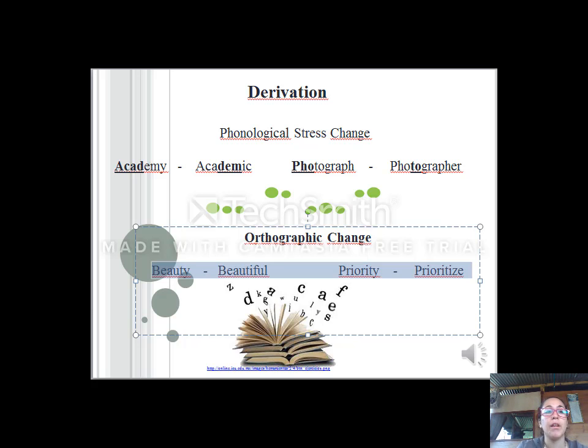Now, the second one is orthographic change. Beauty, beautiful, priority, priorities. We find a change in the letters generated to form another word, but we must keep in mind it is still the same root.